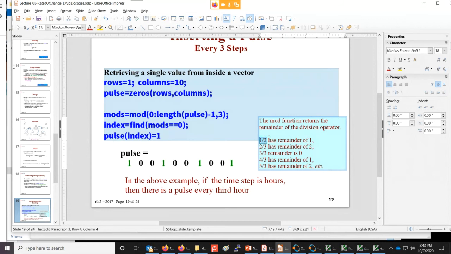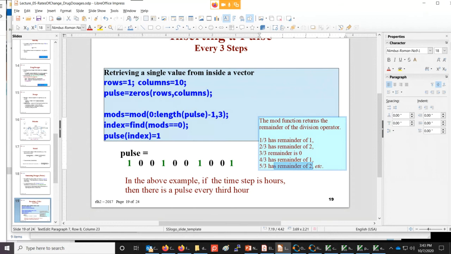So 1 divided by 3 is 0 with a remainder of 1. 2 divided by 3 is 0 with a remainder of 2. 3 divided by 3 is 1 with a remainder of 0. 4 divided by 3 is 1 with a remainder of 1. 5 divided by 3 is 1 with a remainder of 2, and so on.